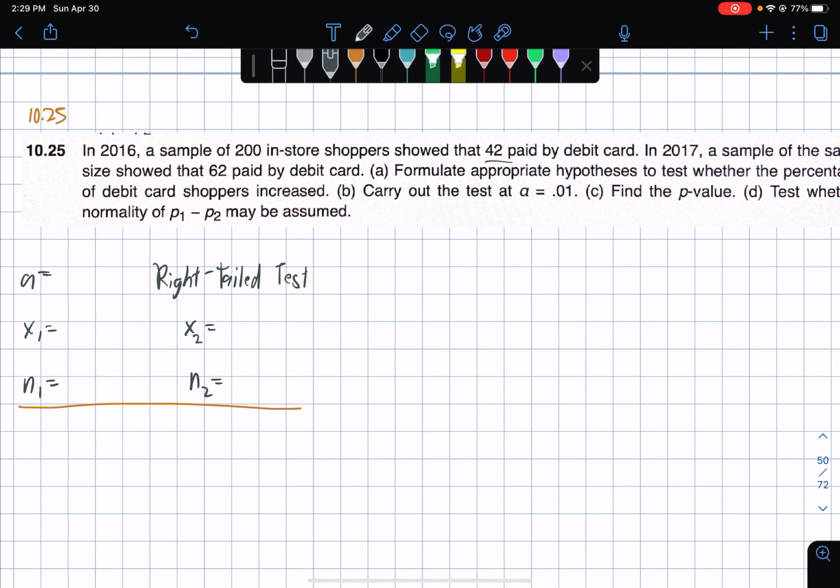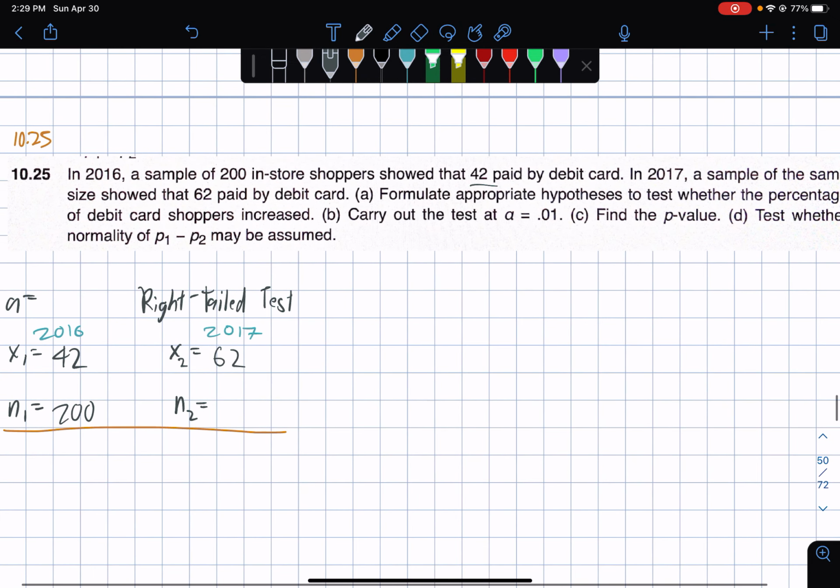Okay, so this is definitely the number of successes. This is the year 2016. This is the year 2017. Sample of the same size.